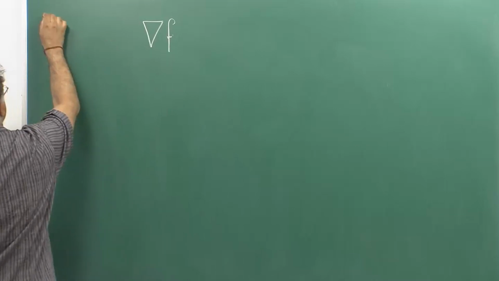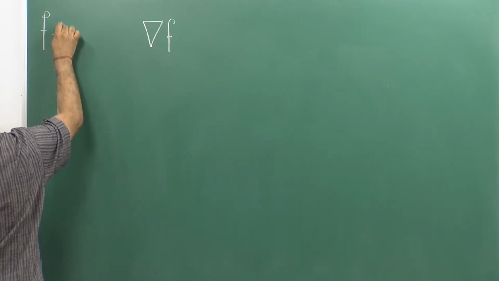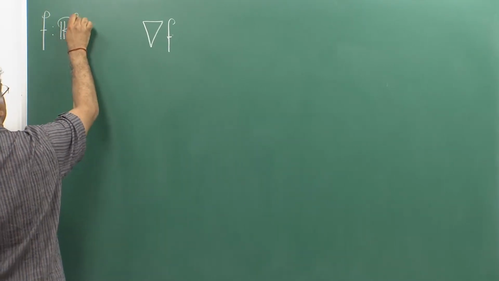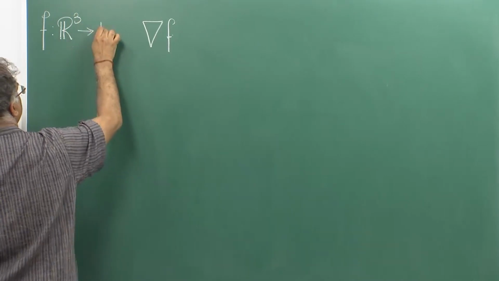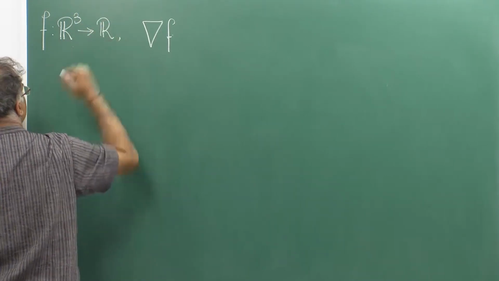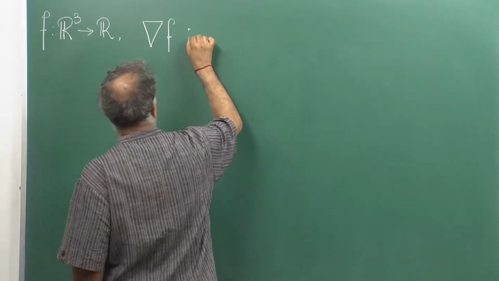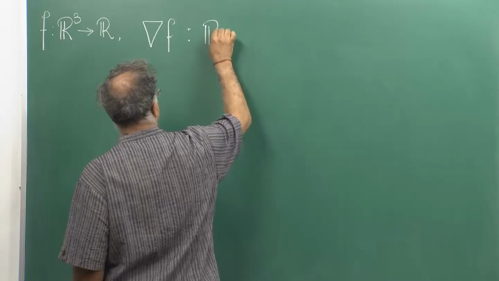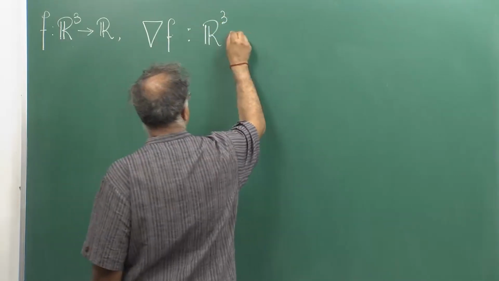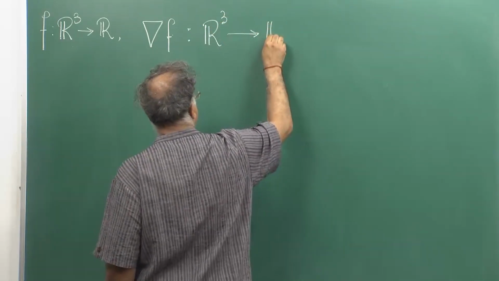If I have a function f from R3 to R, grad f picks up an element in R3 and sends it to another element in R3.